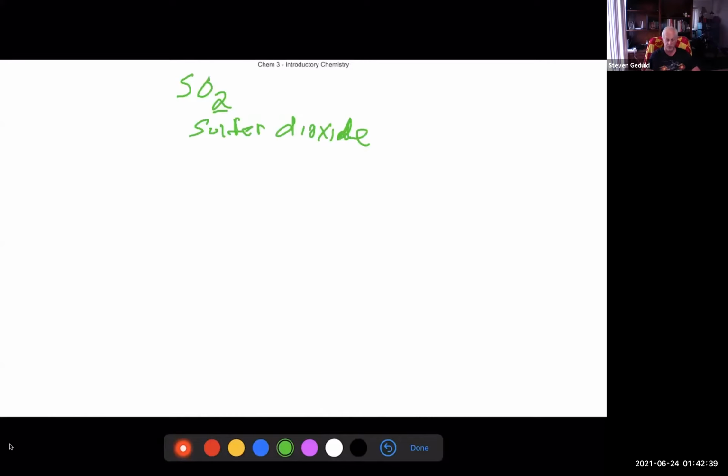You name the subscript. Now if you have SO, if it's a 1 for the first one, you never name it. If it's the second one, then you do name it as 1. So this would be sulfur monoxide.